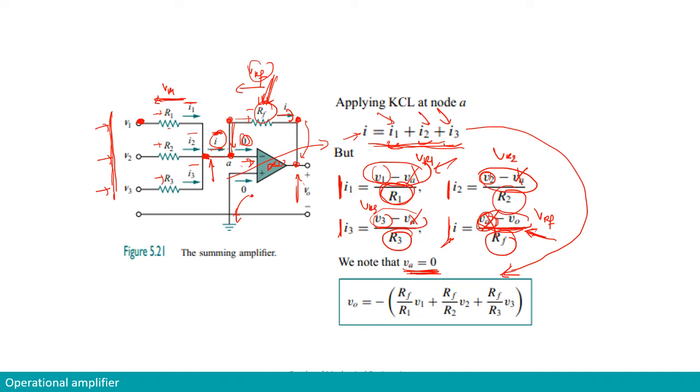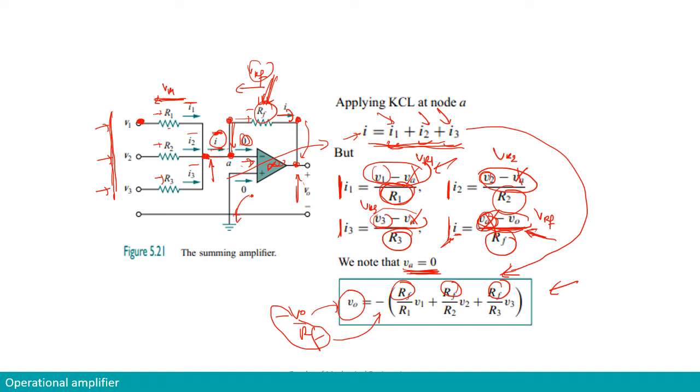So I, which is minus VO over RF, we leave VO over here, and the minus over RF is now transported to the other side, right? So we have RF here everywhere. So the final equation is now this equation.